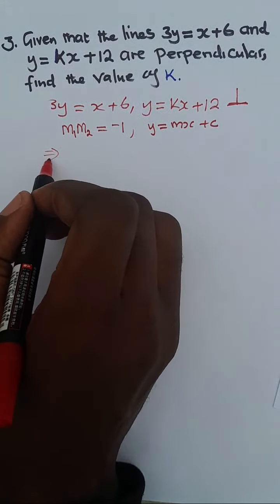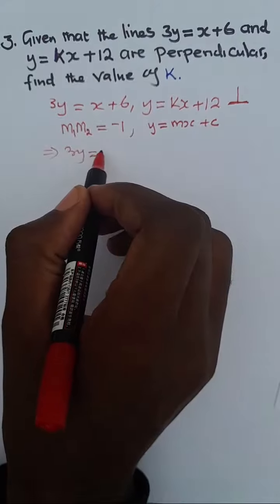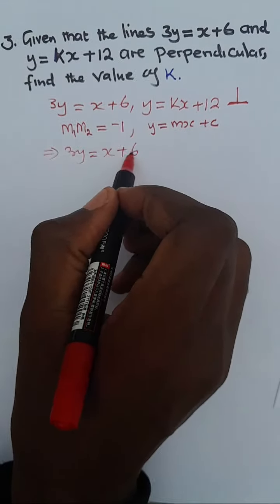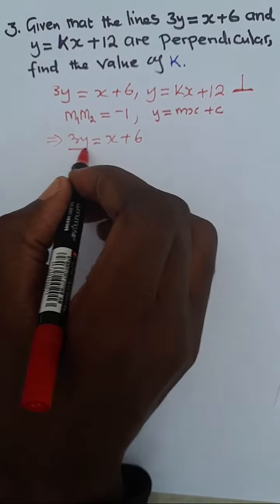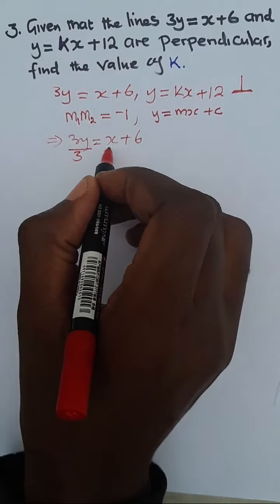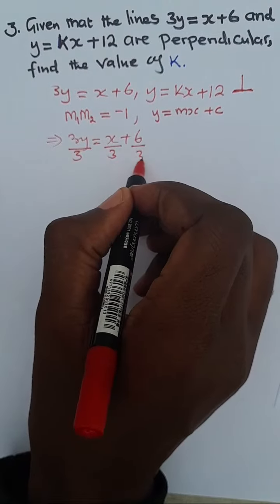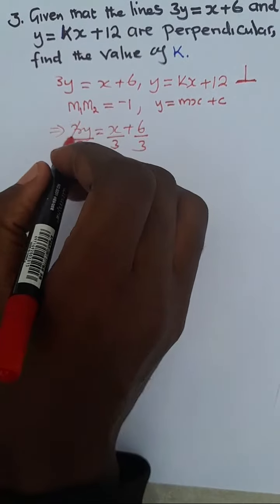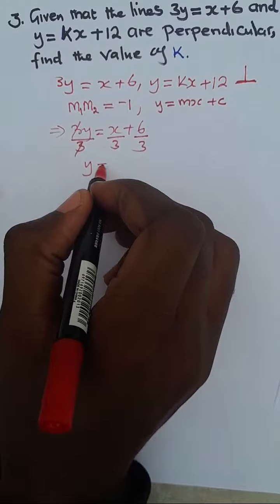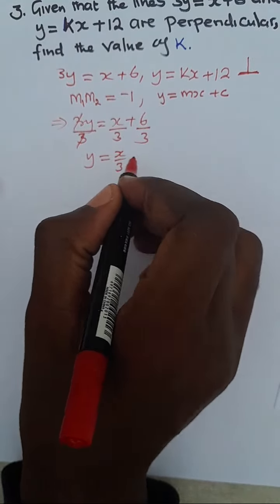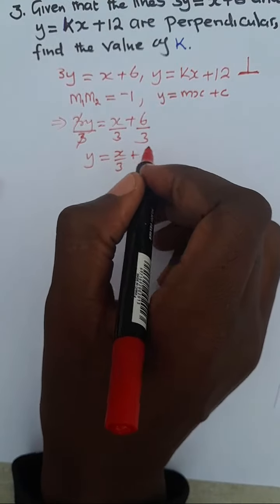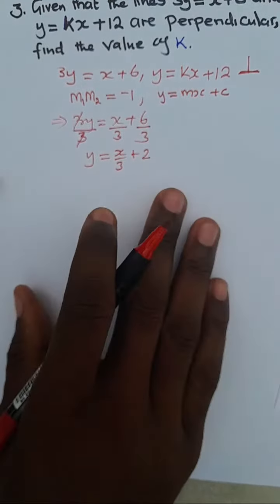So we have 3y is equal to x plus 6. For us to have this form, we divide on both sides by 3. So we have y is equal to x over 3 plus 6 divided by 3, which is 2.